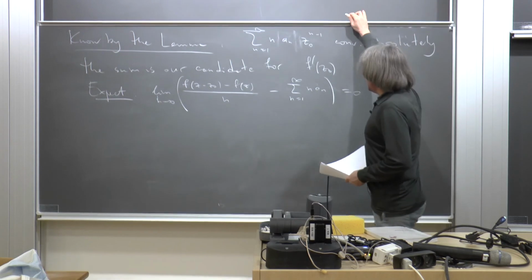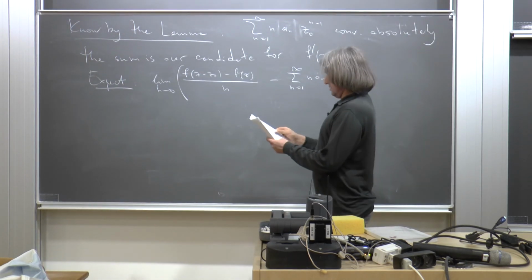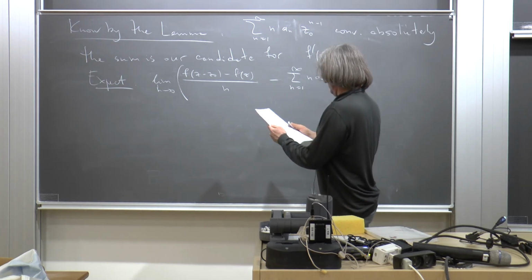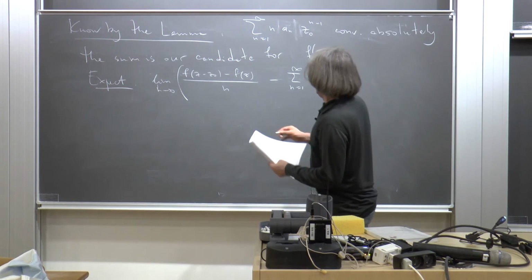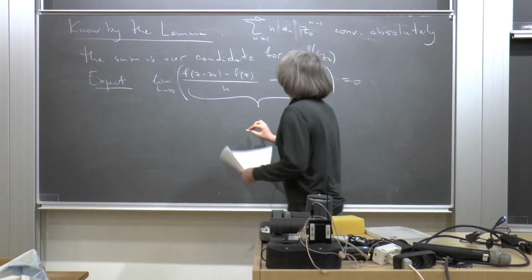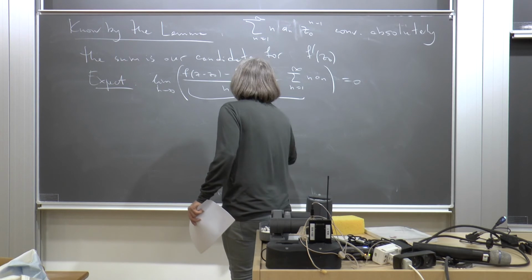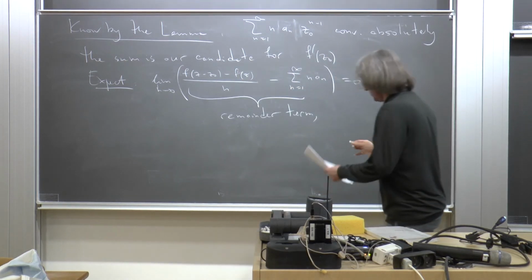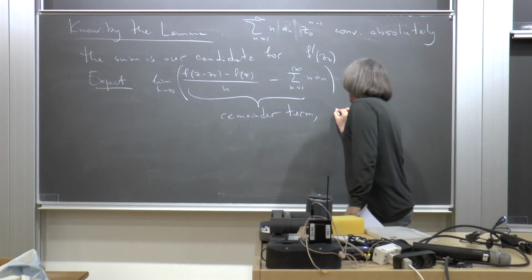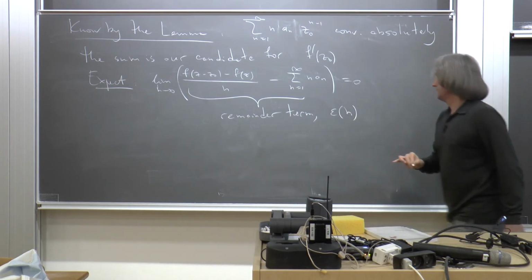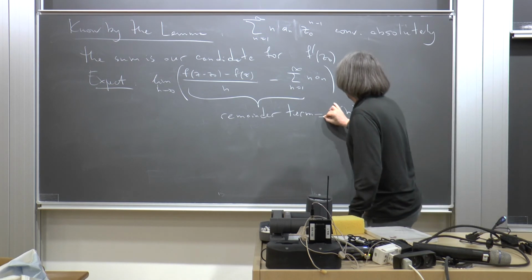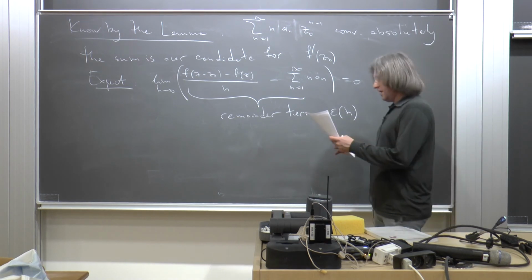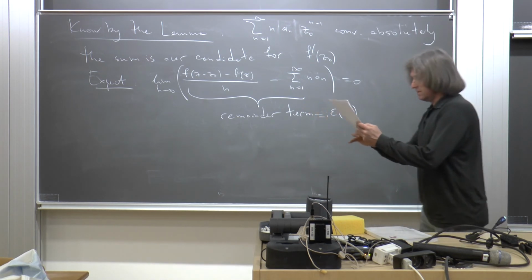So for this, this thing is the remainder term, denoted by epsilon of h. So we'll prove that the limit of epsilon of h for h tending to 0 is 0.